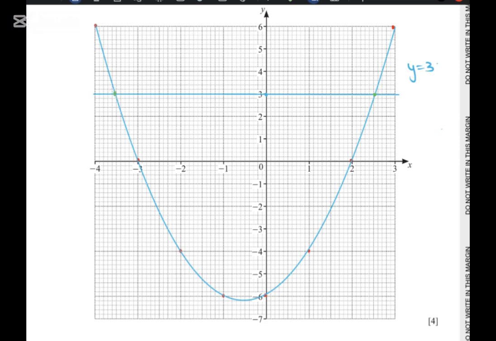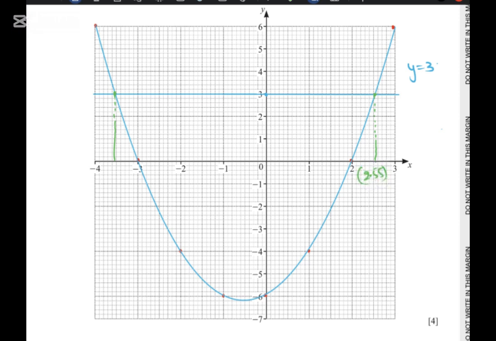So what are the x coordinates? Just check. It's minus 3.55 and 2.55.